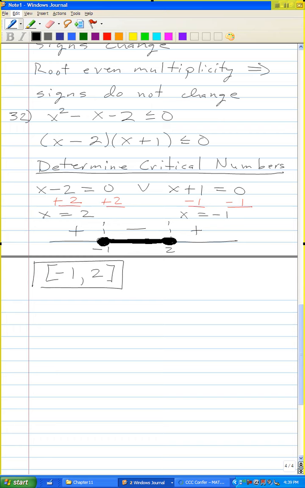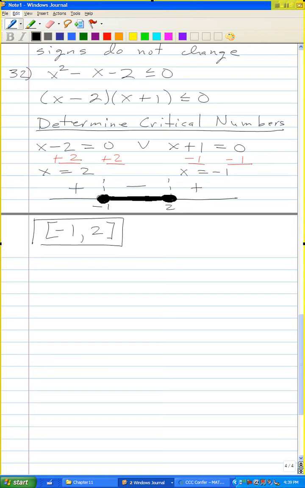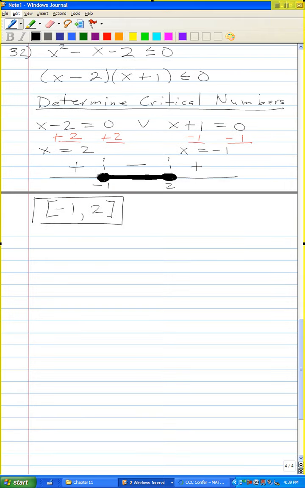Let me do problem number 52. 3r squared plus 15r plus 18 less than 0.